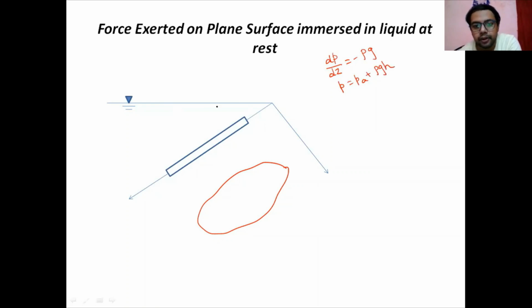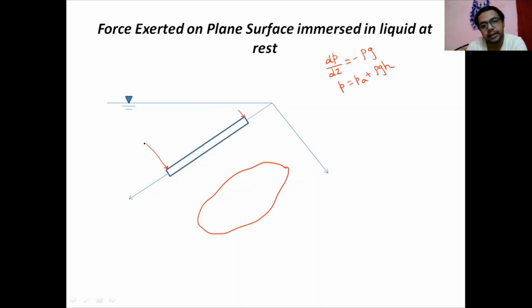So the top portion is at less depth and has less pressure, and the bottom has more pressure. As the pressure varies, the force will also vary.